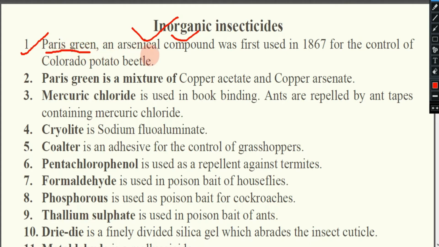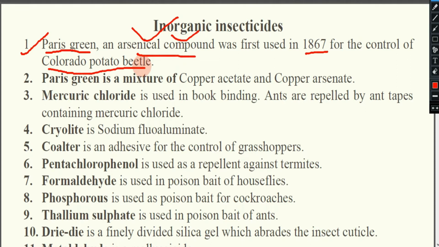This is an arsenical compound and it was first used in 1867 against the Colorado potato beetle. It may come in the exam: in which year, against which pest has Paris green been used?